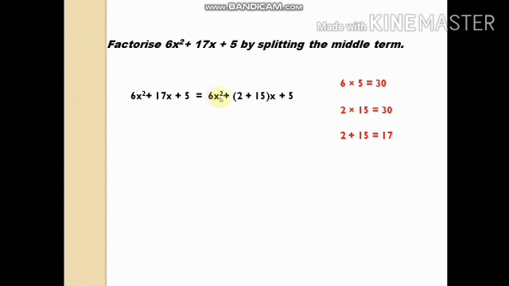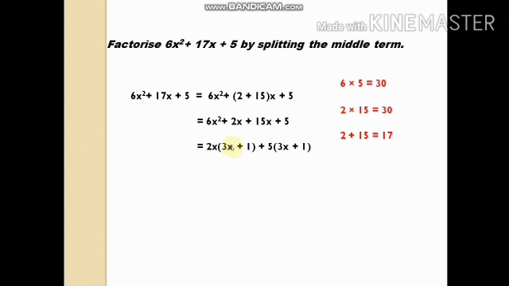It means 6x^2 + (2 + 15)x + 5. Next step, 6x^2 + 2x + 15x + 5. Now we will make groups of two terms, and then we will take common from the first group and second group. We will get 2x(3x + 1) + 5(3x + 1).